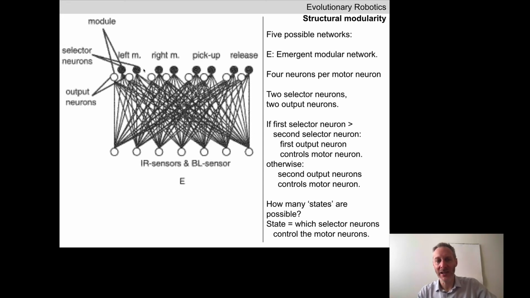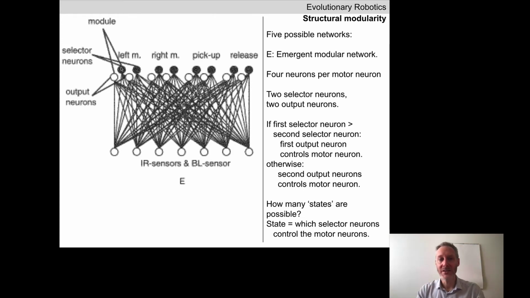Let's talk about the selector neurons here. You'll notice there's a pair of selector neurons for each of the 4 possible actions. You'll notice that there are synapses flowing from each sensor neuron to each selector neuron and to each output neuron.